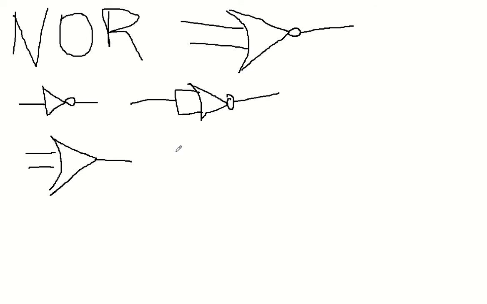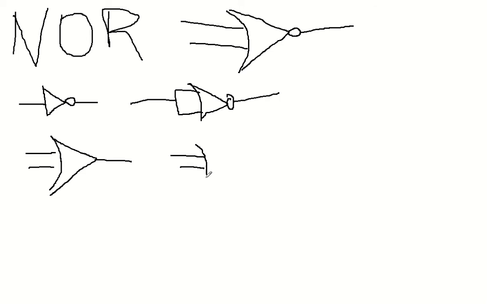Just like NAND gate in the previous video, you can go through it. You can just short the NOR gate. This is one option for converting into an inverter. Similarly, you have OR gate. If you want to design OR gate with NOR, how are you going to do it?